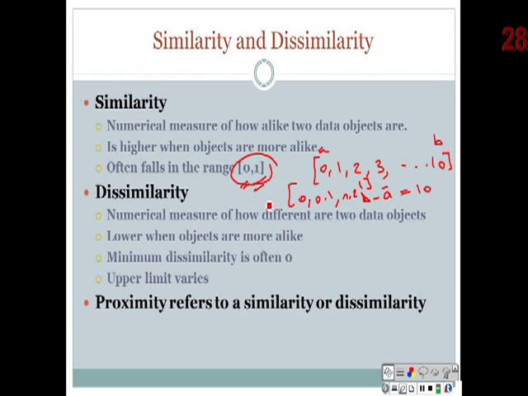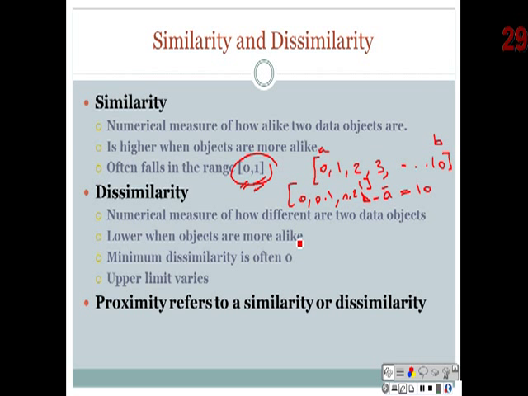Dissimilarity is just the opposite. If two objects are not similar, we say the dissimilarity between them is 1, because they are not similar. It's the opposite concept. If it was 0, that means they are similar.